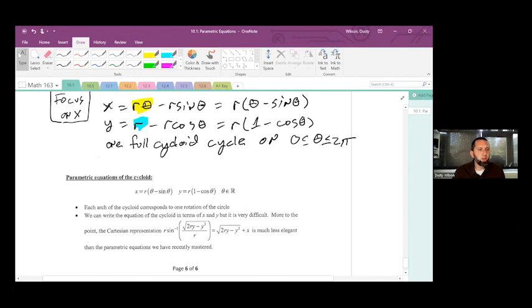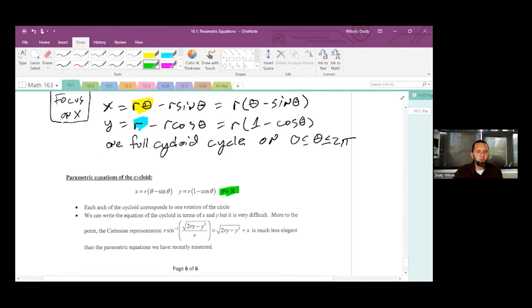So here at the bottom, we have those equations of the cycloid. We get, again, x equals r times theta minus sine theta, y equals r times 1 minus cosine theta. And notice here below, we have theta on the real numbers, and that's because that wheel can keep spinning over and over and over again. Each arc of the cycloid corresponds to one rotation of the circle.